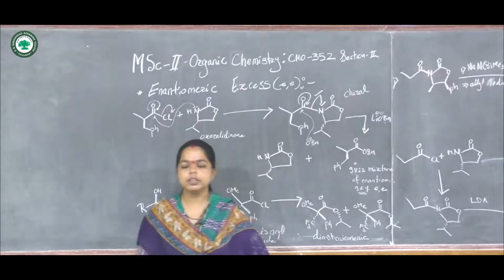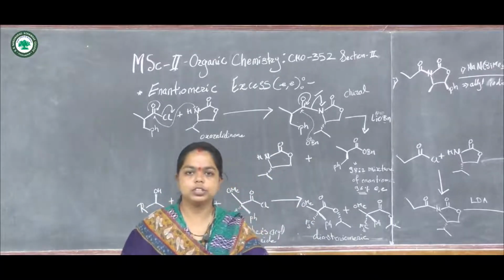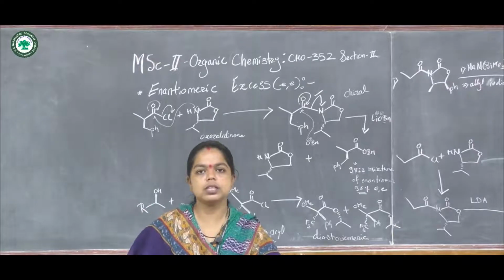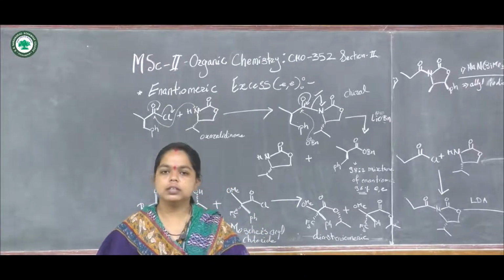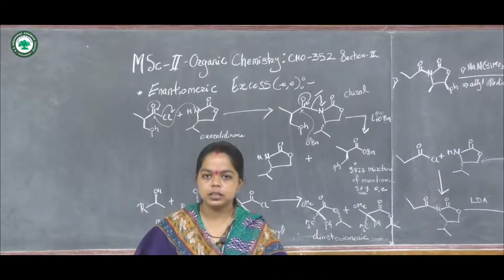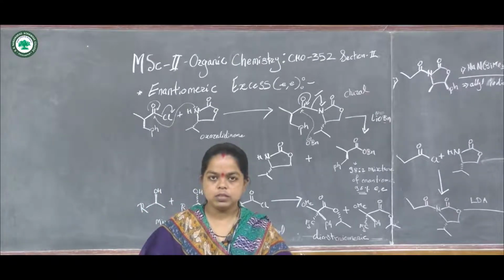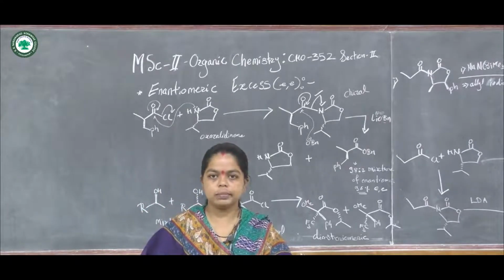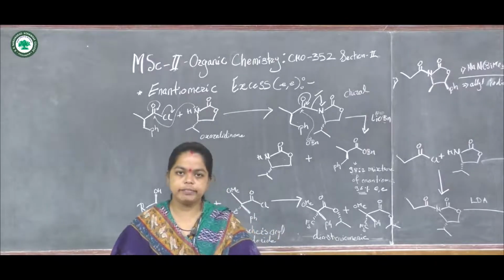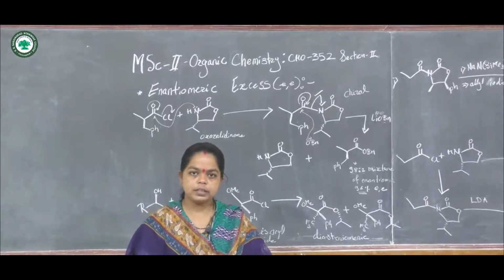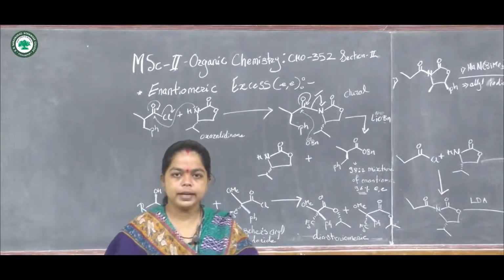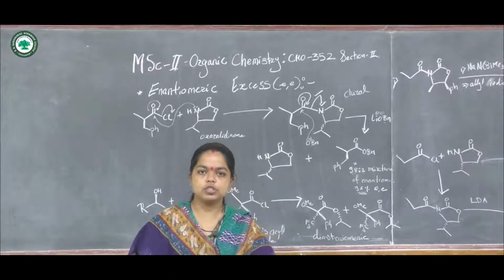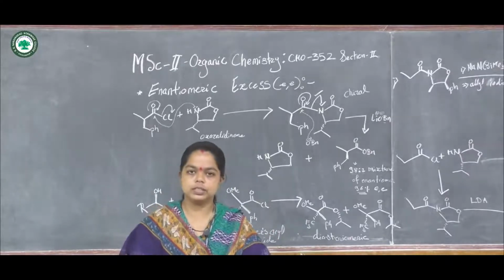We know that racemic modification involves different types of methods. One method used traditionally is chiral chromatography. In chiral chromatography, a chiral stationary phase is used so that it will separate the two enantiomers. It will bind to one enantiomer, and the other enantiomer will get separated.